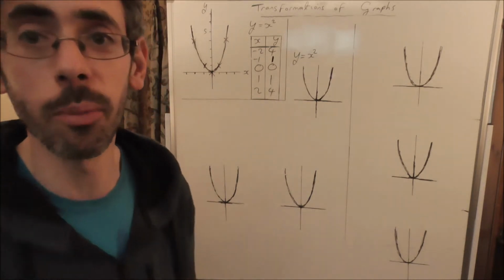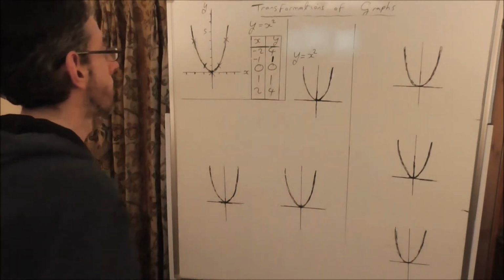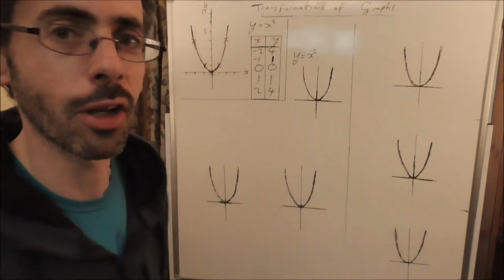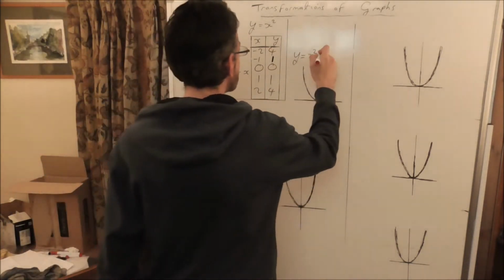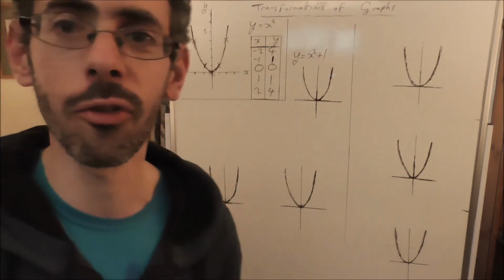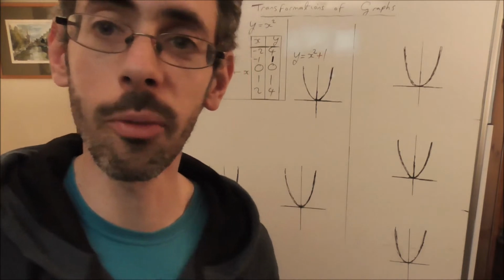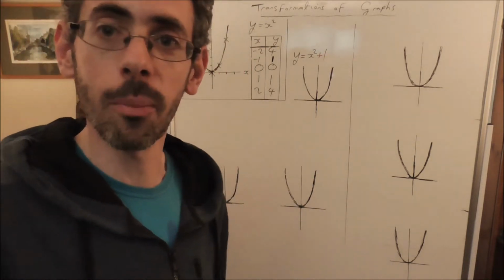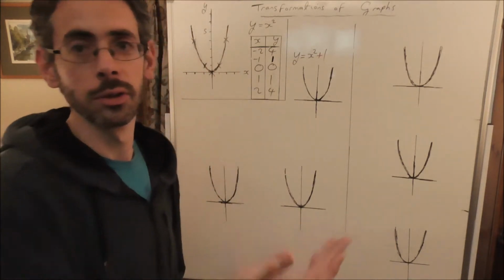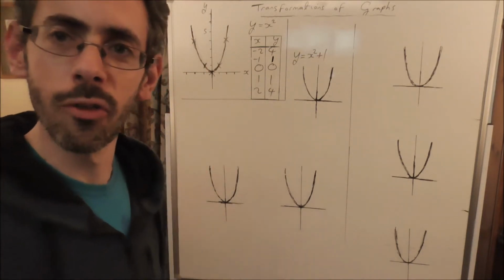So let's do some transformations. Let's take the original equation, y equals x squared, and stick a plus 1 on the end. So what effect is that going to have on the position of the graph? Well, if you remember from the last example, if you add a number onto the end of the expression, it moves the graph up. So the whole graph is going to move up 1.